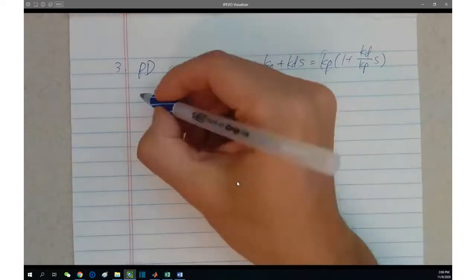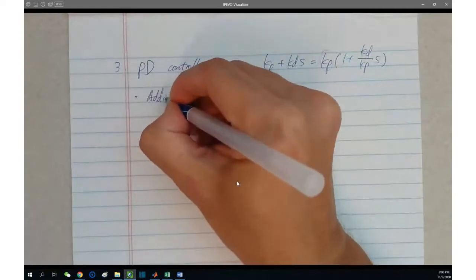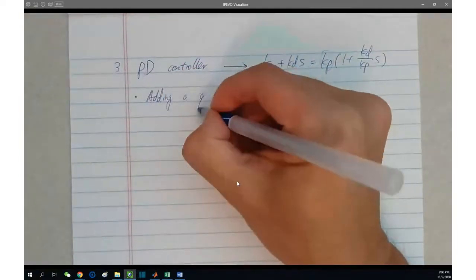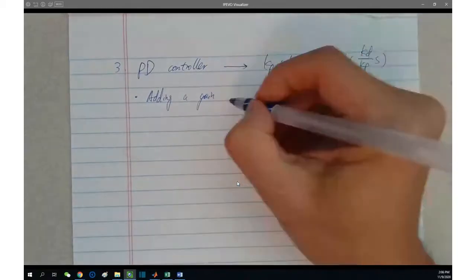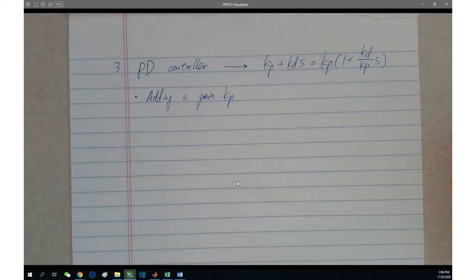And then what PD is doing is adding an extra gain, of course, KP. Of course, when you design a PID, you want to differentiate the KP from the PI and the KP from the PD. You need to be careful.